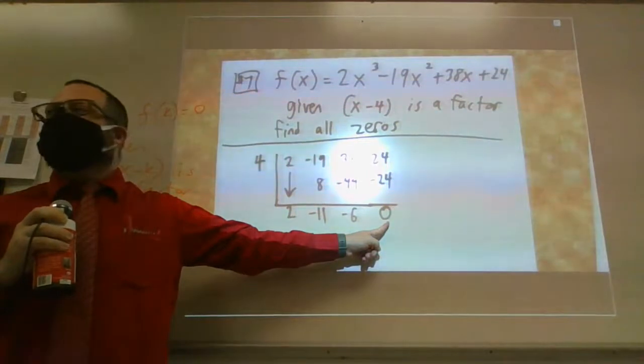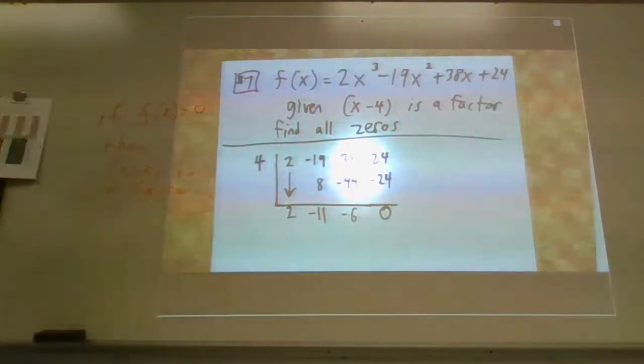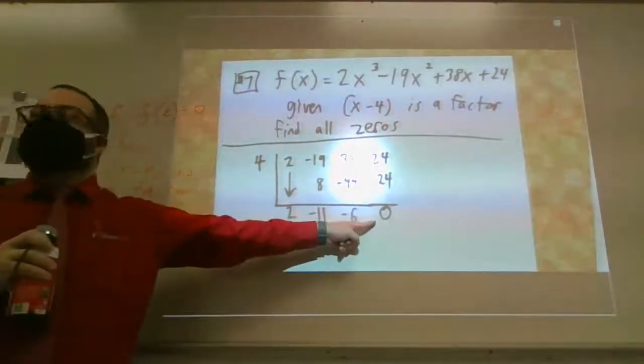What happened if you don't get a 0 here? We don't know that yet. But there's two specific things that could have happened if you don't get a 0 here.